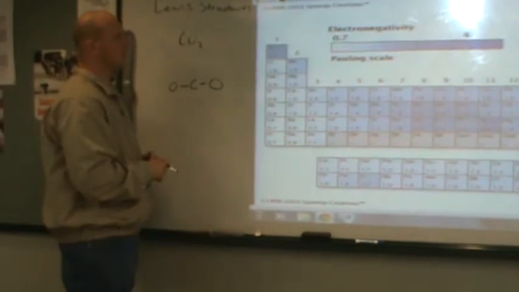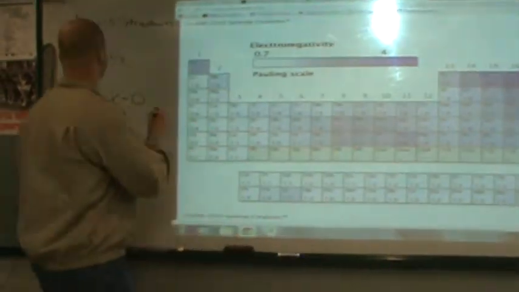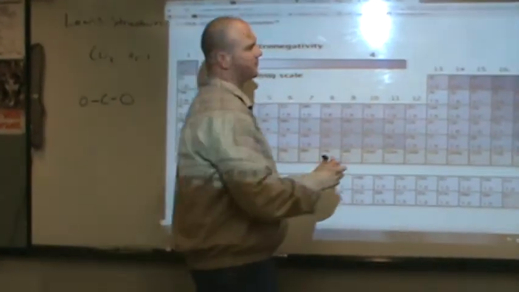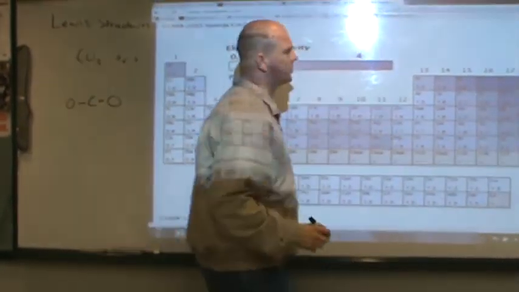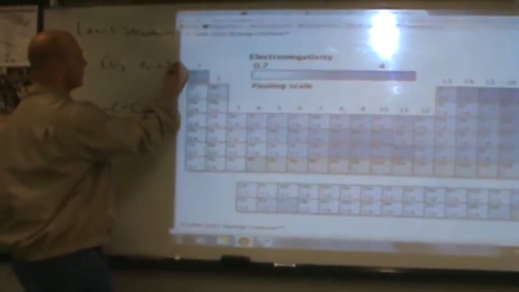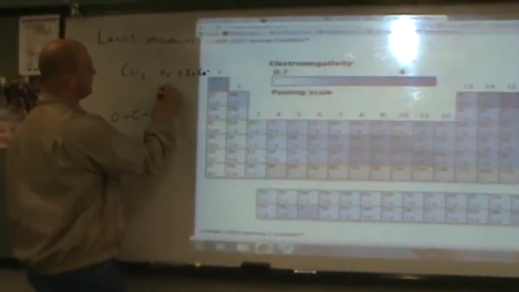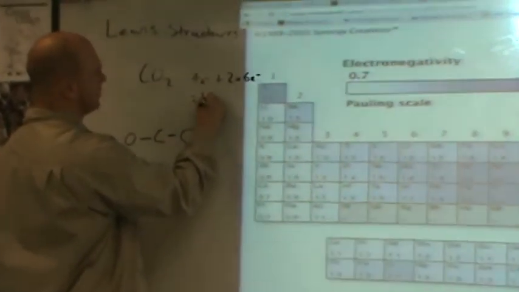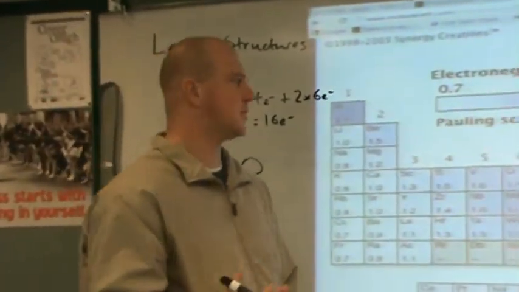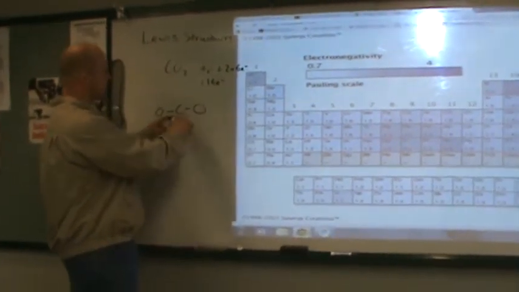So the total valence electrons here would be 4 for carbon, plus there's 6 for each oxygen, and there's 2 oxygens, so it's plus 2 times 6 electrons, which gives us a total of 16 electrons.